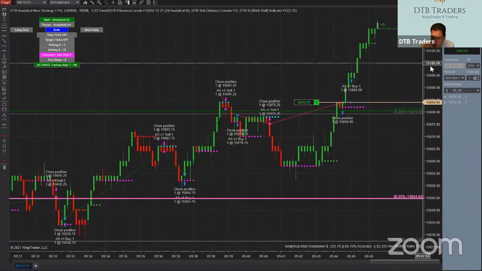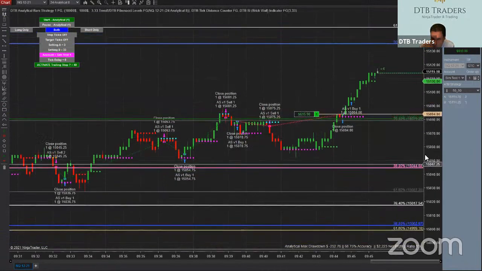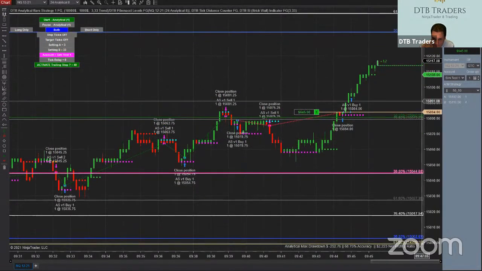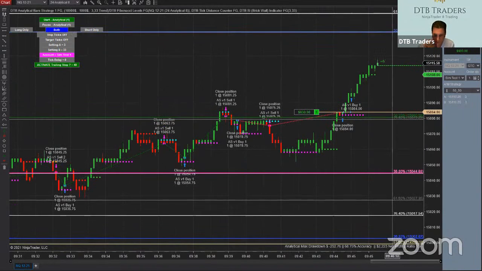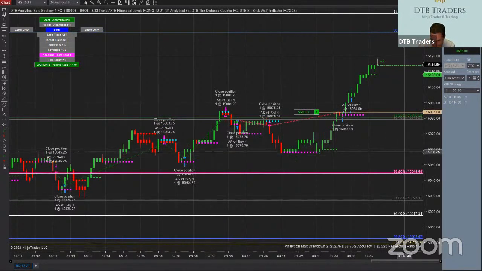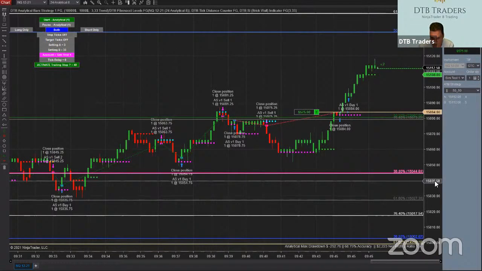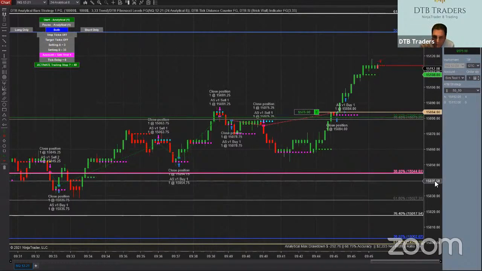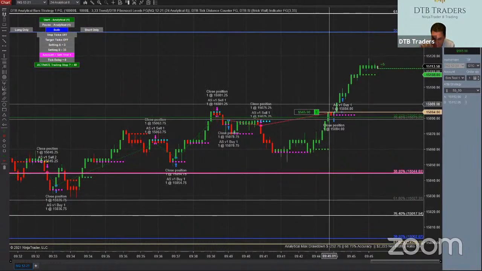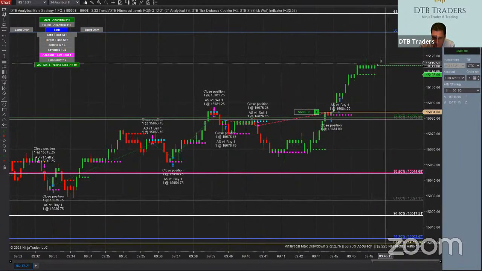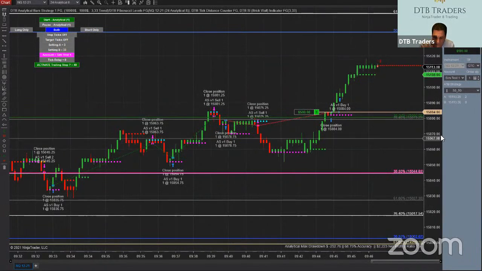It's literally got nothing stopping it all the way until this 50%. That's the next significant Fibonacci level in play that will have any sort of major resistance to the price. That's why we also had a huge run over there, because there's literally nothing stopping it.